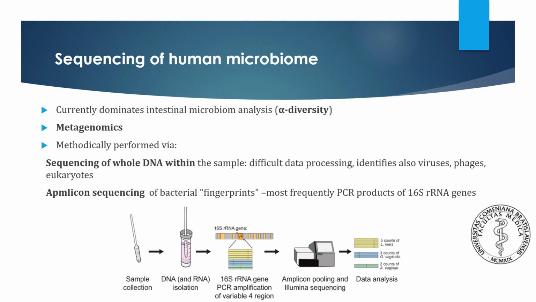Those genes, particularly their region 4, are an ideal target for phylogenetic analysis, so we are able to distinguish species of microorganisms based on this one region. Thus the nickname fingerprint.